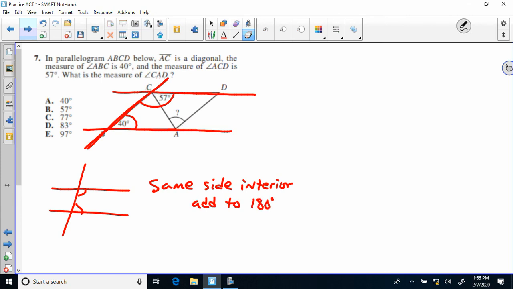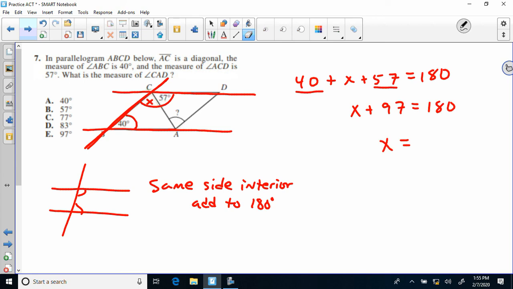So if I need to add those to 180 degrees, I'm going to find this angle right here that I'm going to call X. So I would have 40 plus X plus 57 had to equal 180. That's going to give me that angle X. So 40 plus 57 is 97, and 180 minus 97 gives me 83 for that little X. So this angle right here, this green thing I'm writing, is 83 degrees.